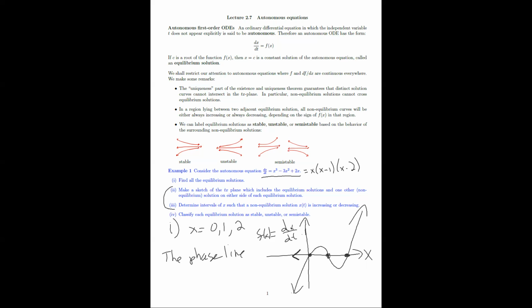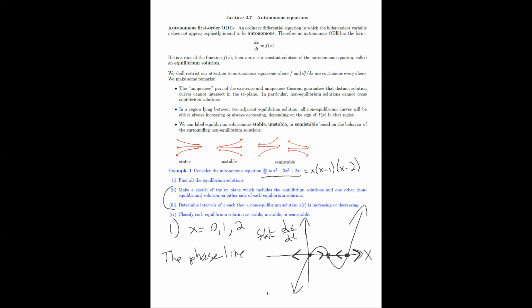So along the x-axis, I'm going to point an arrow to the left to represent that x is decreasing here. And that is because the derivative is negative, right? If the derivative is negative, that means x is decreasing. On this region, our derivative is positive, so x is increasing, so I'm going to draw an arrow to the right. We're decreasing here, so an arrow to the left, and we're increasing on this region.